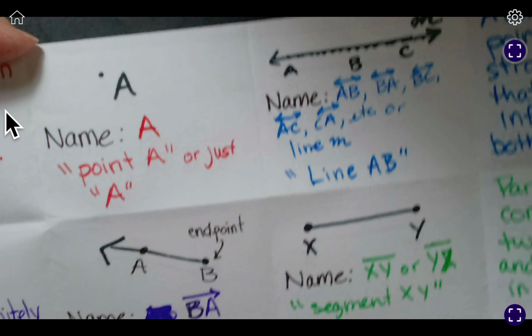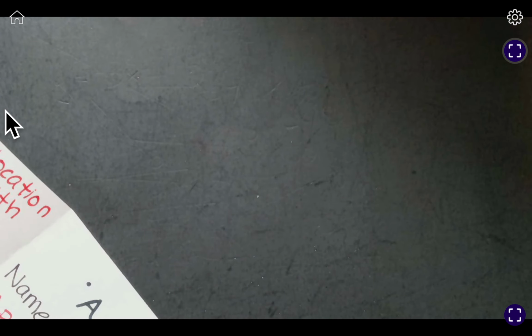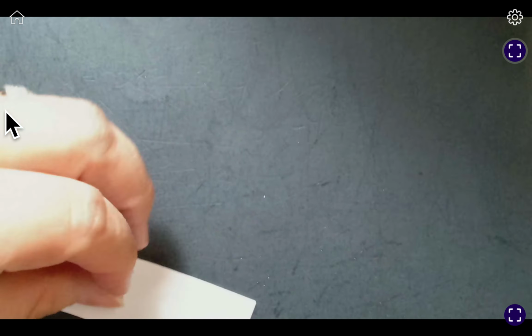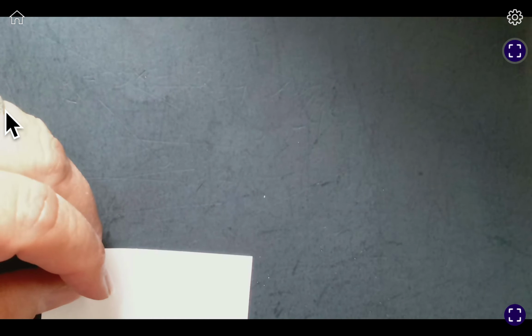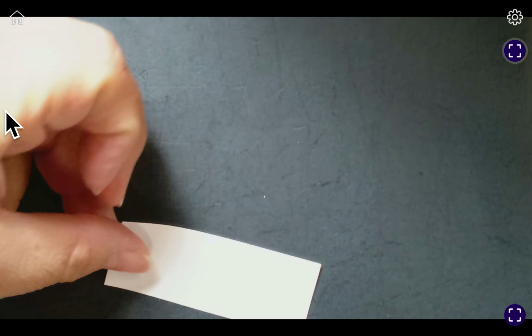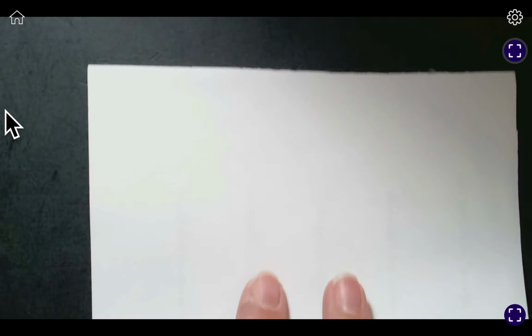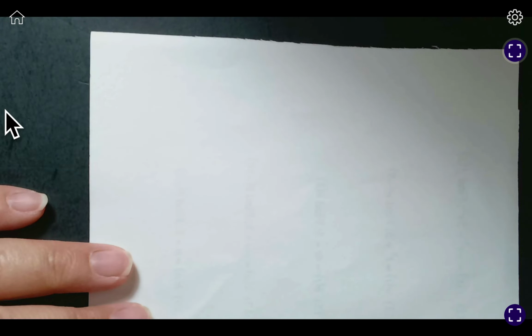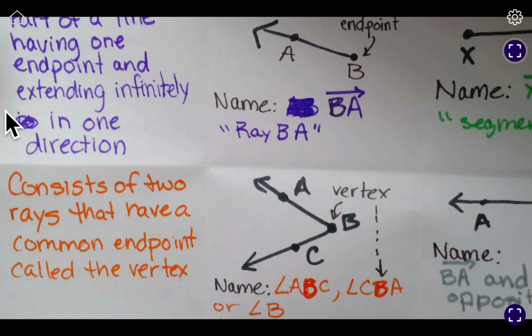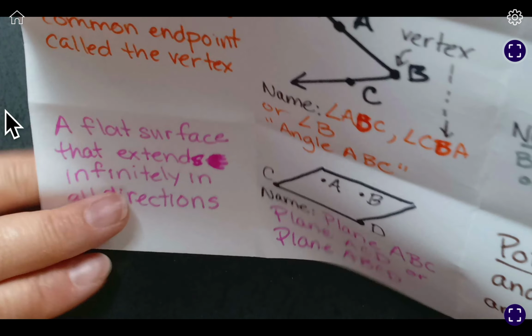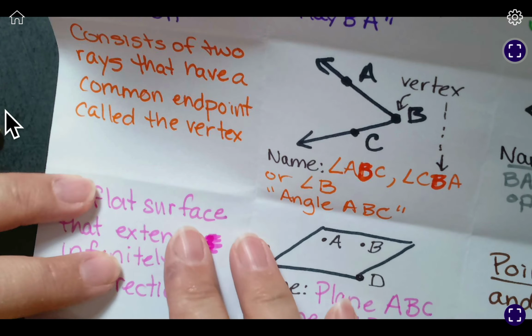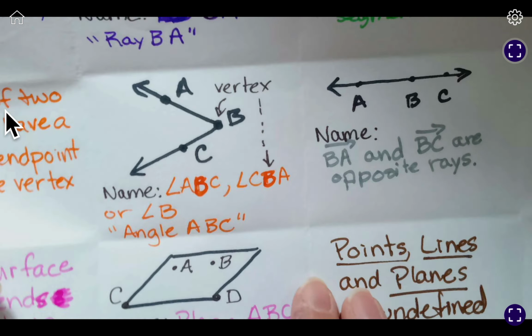So it's kind of like this, like if you had this paper, you have a piece of paper, and then you just keep extending it, make it bigger, bigger, and then way bigger. So that's a plane. It's a flat surface and it just keeps going and going.